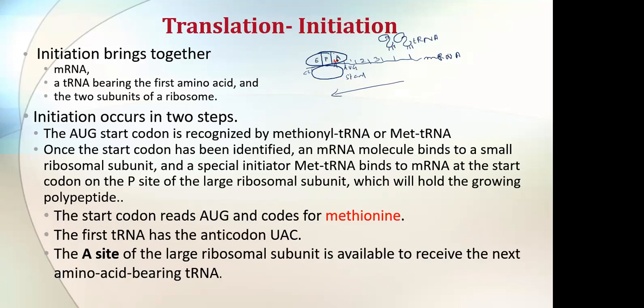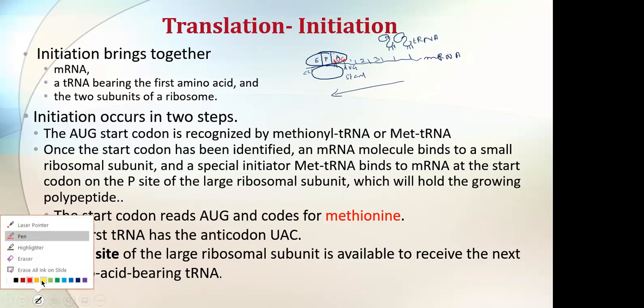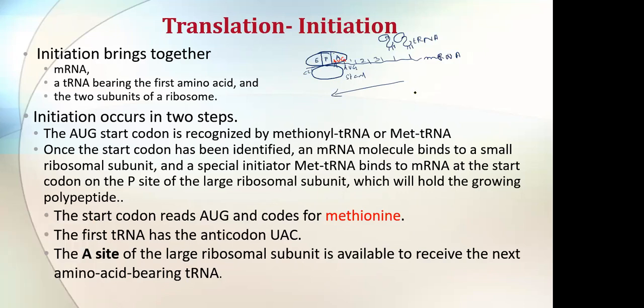So AUG, okay, that's the start codon. Now, once it's here, the ribosome understands that's the start codon. Okay. Now, all the different tRNA are carrying so many different types of amino acids, right?